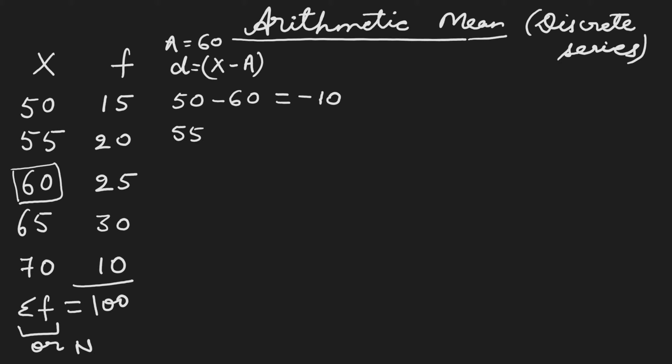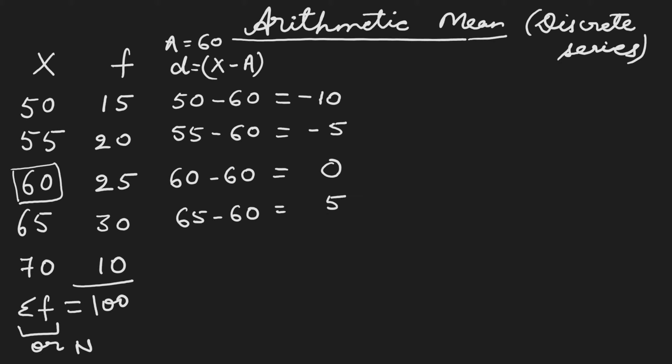Then 55 minus 60 is equal to minus 5. Then 60 minus 60 is equal to 0. Then 65 minus 60 is equal to 5. 70 minus 60 is equal to plus 10.